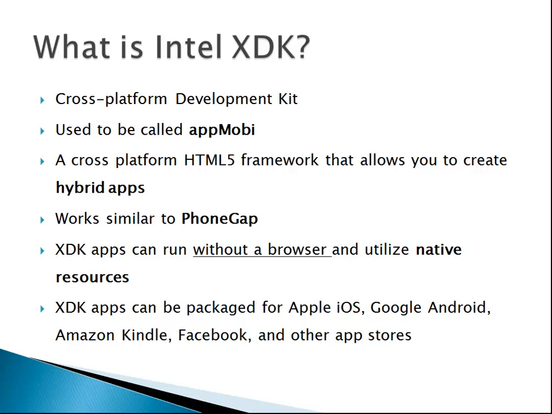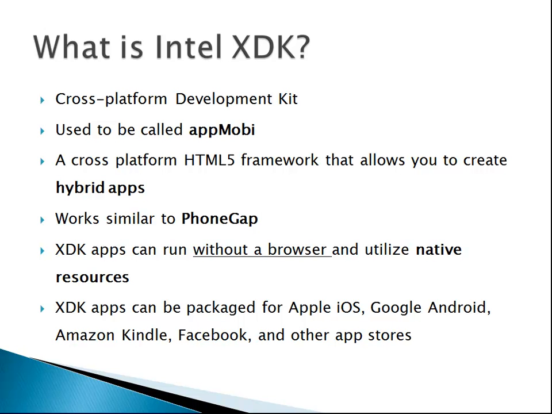Intel XDK works pretty similar to PhoneGap in a way where it takes your web standards, your apps that are created with HTML and JavaScript, and creates a native app basically. XDK apps can run without a browser, and they can also utilize native resources.